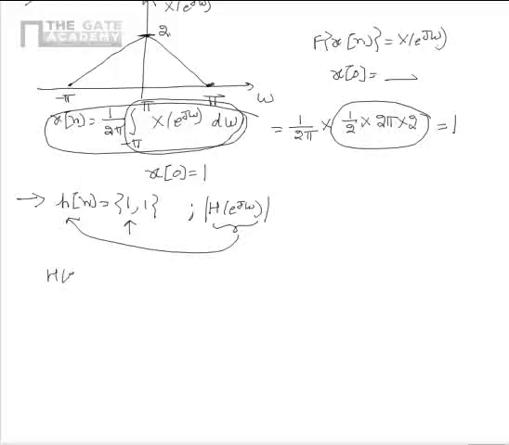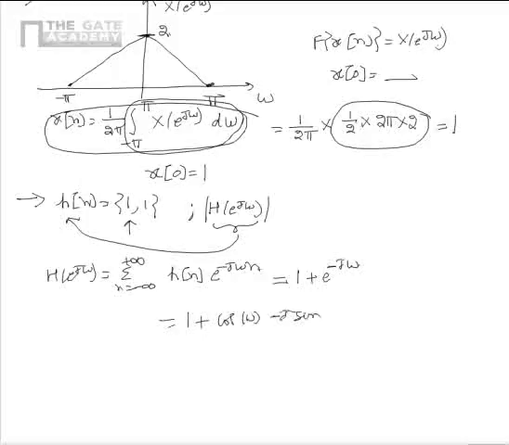We know that h of e power j omega can be written as the sum from n equal to minus infinity to plus infinity of h of n e power minus j omega n, which upon substitution simplifies to 1 plus e power minus j omega, which is further equal to 1 plus cos omega minus j sin omega. This is because e power minus j omega is equal to cos omega minus j sin omega.